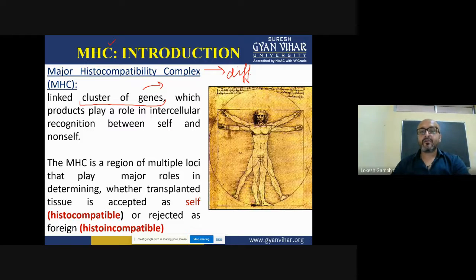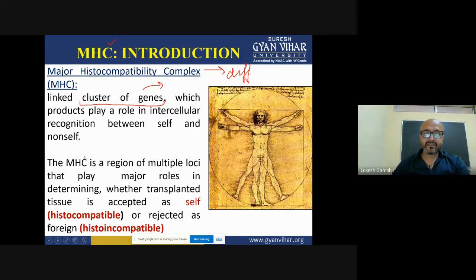This particular complex determines whether it's a self antigen that you should not respond to, or it's a non-self antigen that we should talk about. So this is the scenario that we'll be discussing in this lecture.